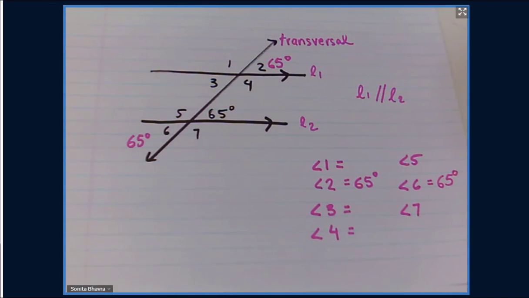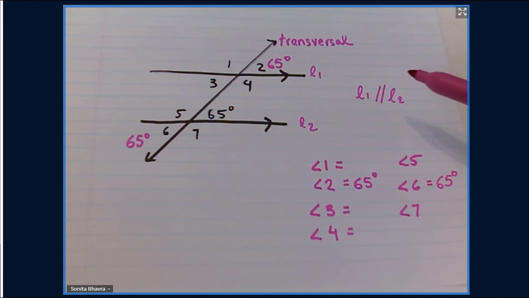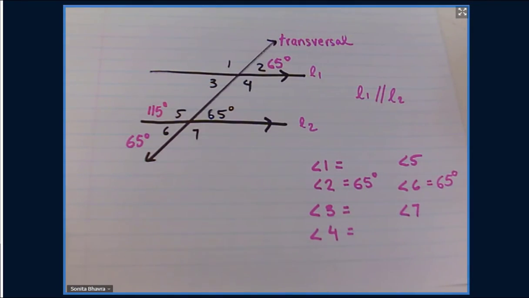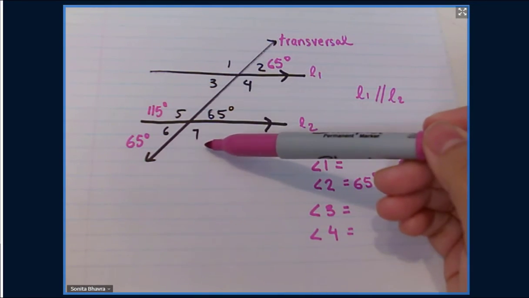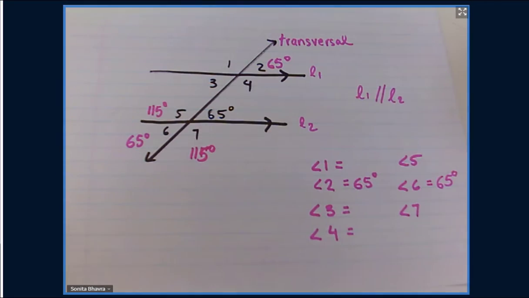Because of straight lines, we know a straight line is 180 degrees. We take 180 and subtract 65. Therefore, we know angle 5 is going to be 180 minus 65, which gives me 115 degrees. So this here is 115 degrees. Because of opposite angles, we know this will also be 115 degrees.